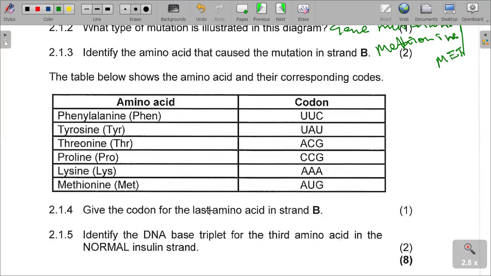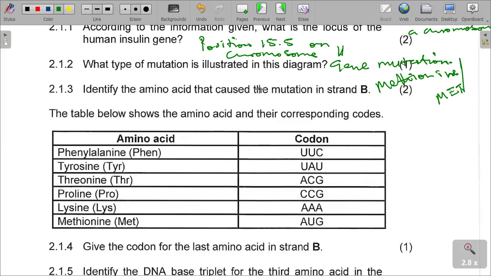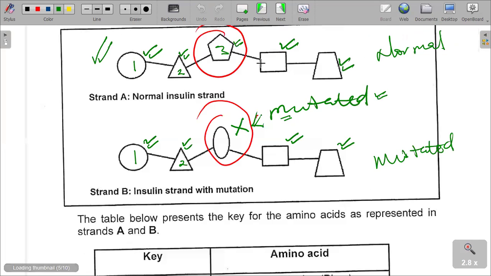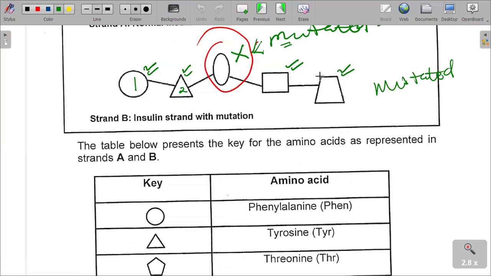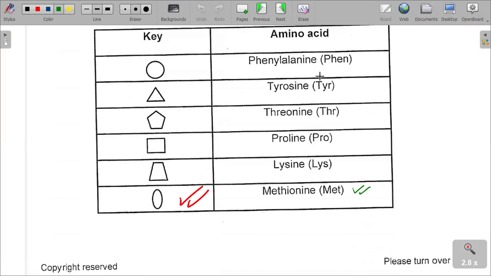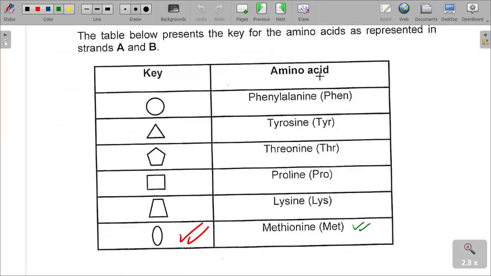2.14, give the codon for the last amino acid in strand B. So we have to go to our previous presentation, which is given, that strand B has got this, and then we must check what this amino acid is.